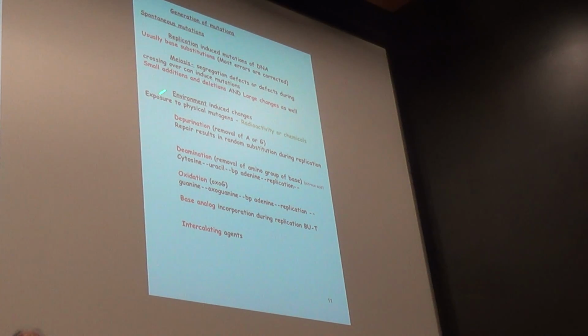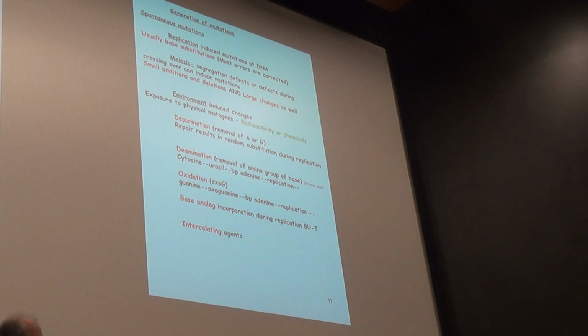And then, of course, you have environmental induced changes. So rather than spontaneous changes during biological processes, you have the environment impinging on this process as well. So you can have exposure to various mutagens. And they can be chemical mutagens or ionizing mutagens, radioactivity. And a lot of different things happen.